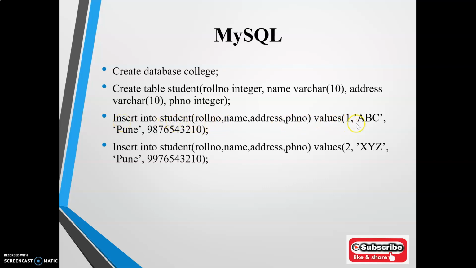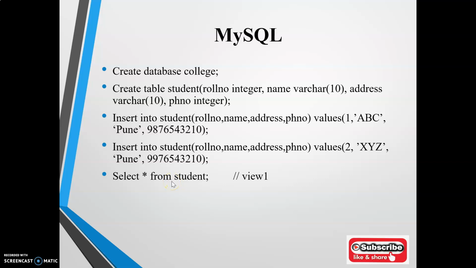Whenever we insert the values, one will contain roll number, ABC as name, address and phone number, and these follow the different data types we have already declared while creating the student table. Here I have inserted two records for the student table.